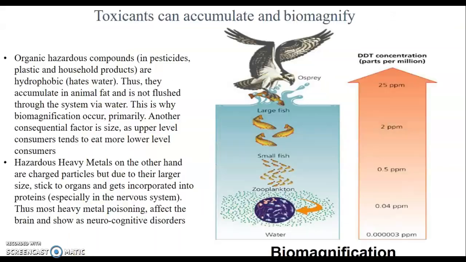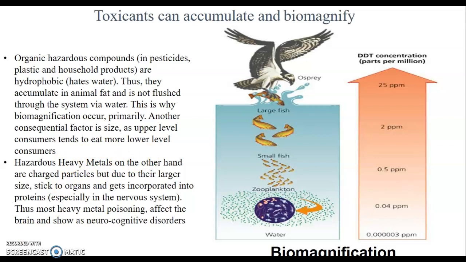All right. So now, why do we care about contaminants that enter the environment? Well, even though it doesn't directly affect us, if you can see this image here, it shows biomagnification. What happens is, even though small amounts of contaminants enter the environment, they eventually make their way to us. Why? Because as you can see, this image with the osprey shows you the food web.